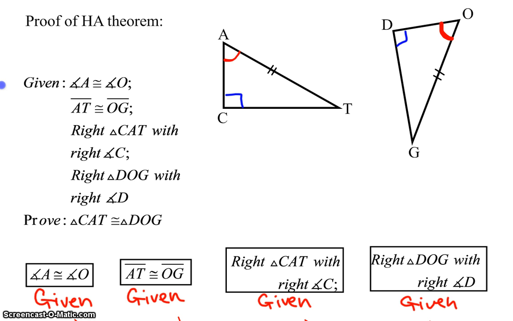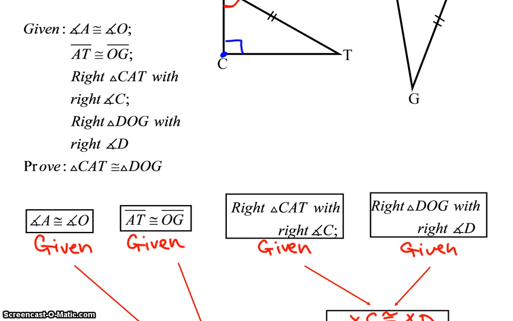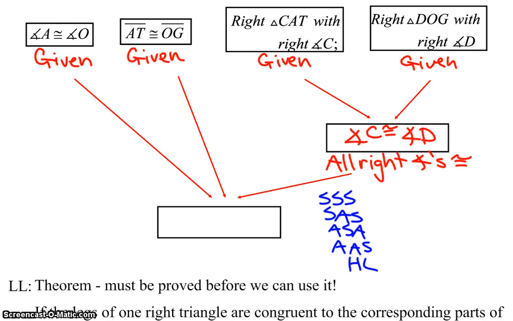So remember the fingertip test. Put your fingertip on C, put your fingertip on A, and then look at the side. Is it between your two fingers? Since this is not between your two fingers, we're not going to use ASA because the side is not between.